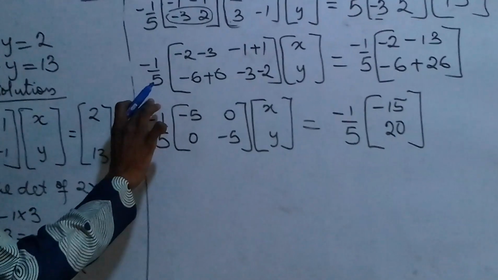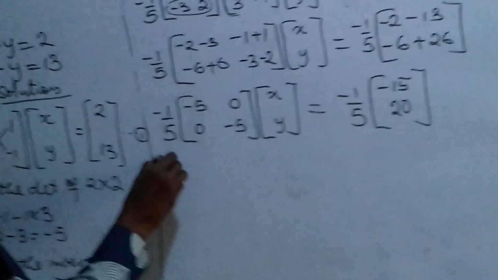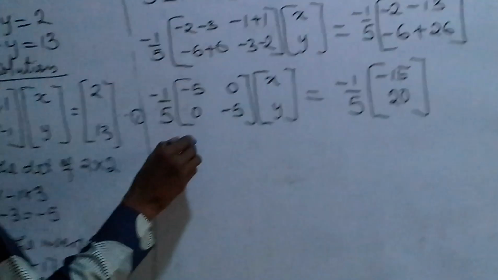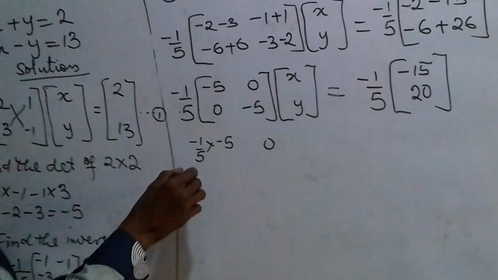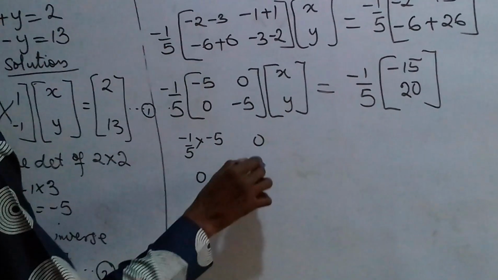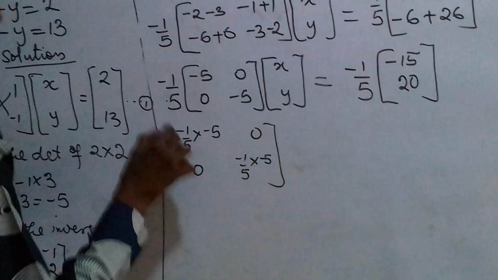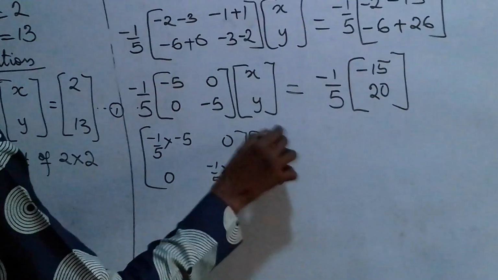Now, when you use this number to multiply each of them, you will have minus 1 over 5 times minus 5. Then multiplying 0 gives us 0, and again 0. So minus 1 over 5 times minus 5, then we have x, then y.